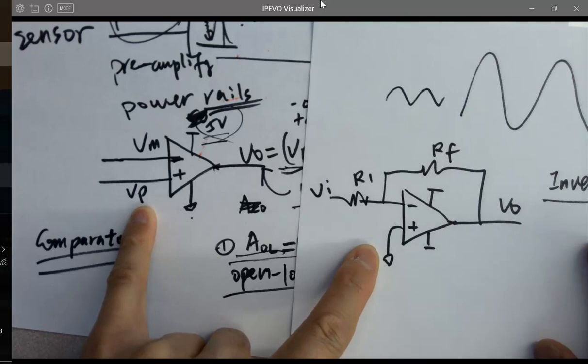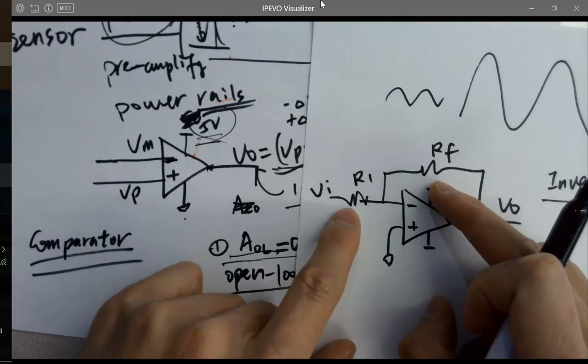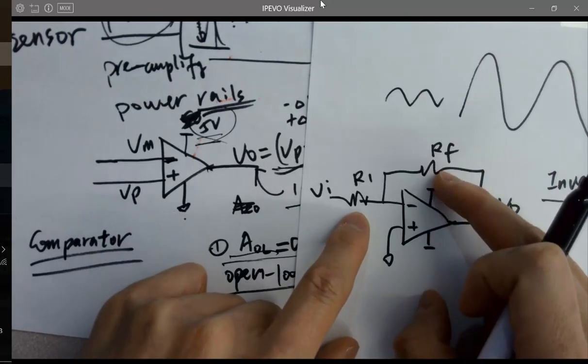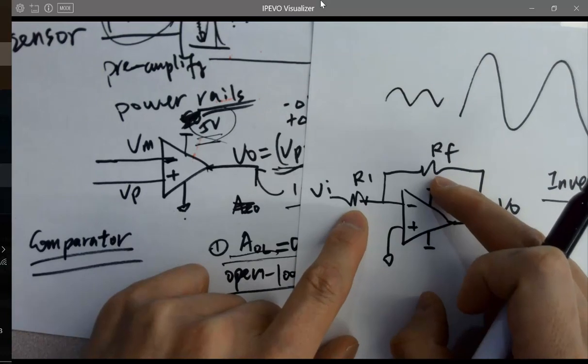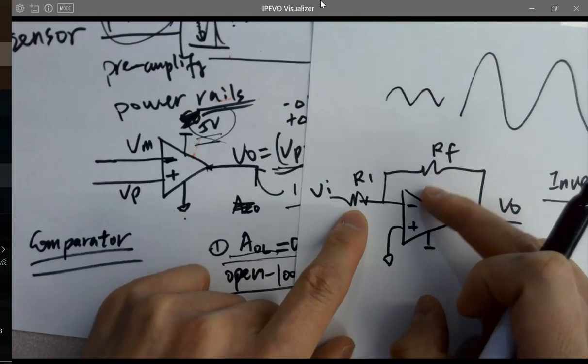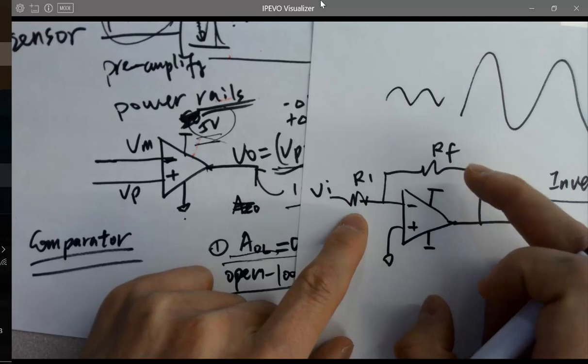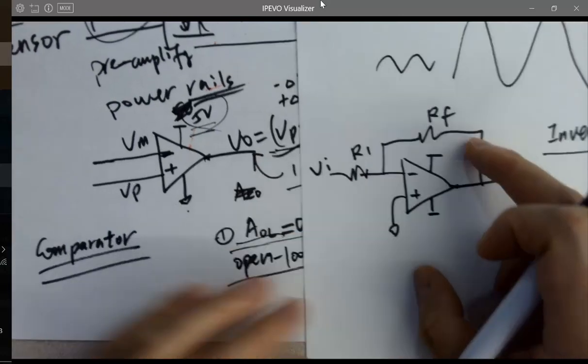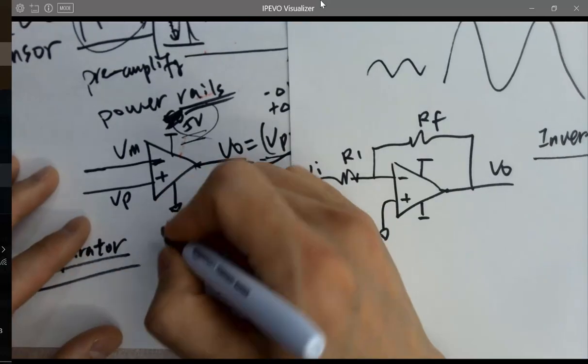Yes, it has resistors over here, which provide gain. You can modify the resistor ratio to set the gain, and I'm going to show you how to calculate it very quickly.